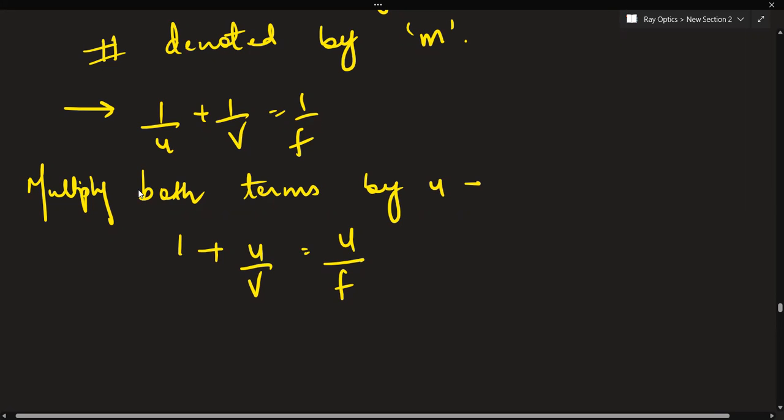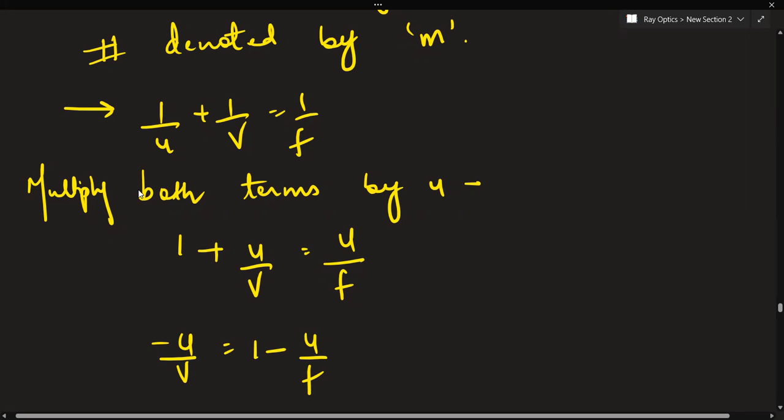We have just multiplied U with all these terms. Now shift this term there and bring this term over here. So you get minus U by V is equal to 1 minus U by F. Just interchange the terms. This term U by F has come to the left and U by V has gone to the right.